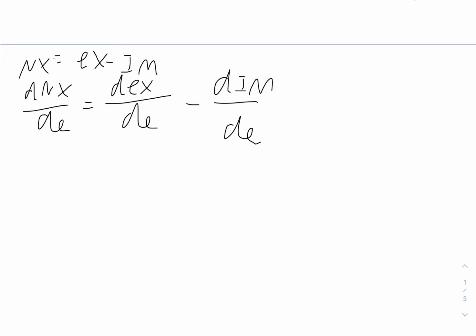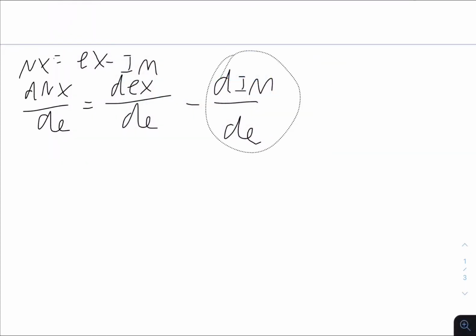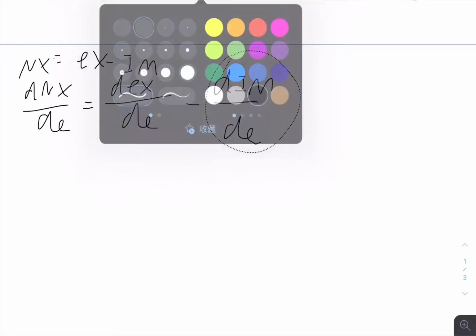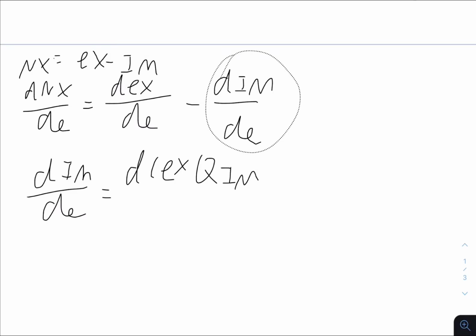And as for the part here, we change it. We all know that import equals the exchange rate times the quantity of import.